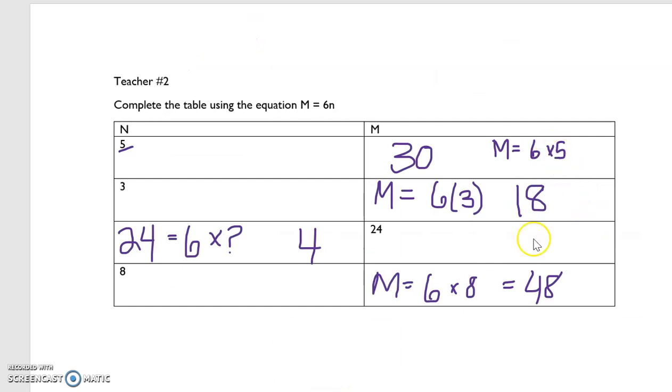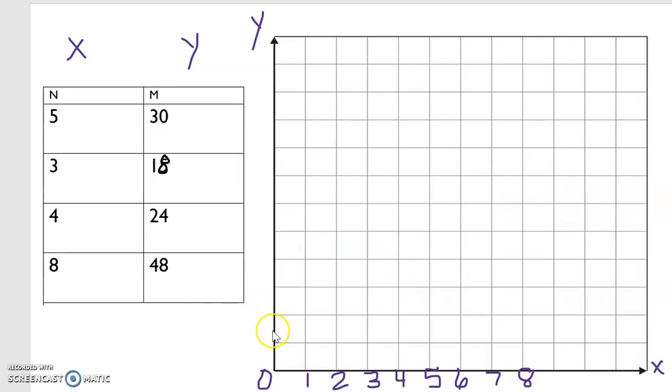I remembered each of these numbers was multiplied by 6, so choosing a scale of 6 would make sense. As you count up, remember this corner point here is your 0, so the first line here, I'm going to write 6, and I'm going to skip count by 6s until I get up to 48.